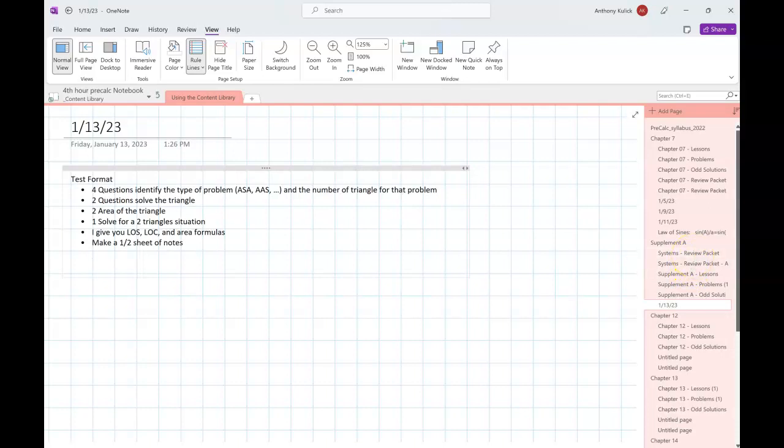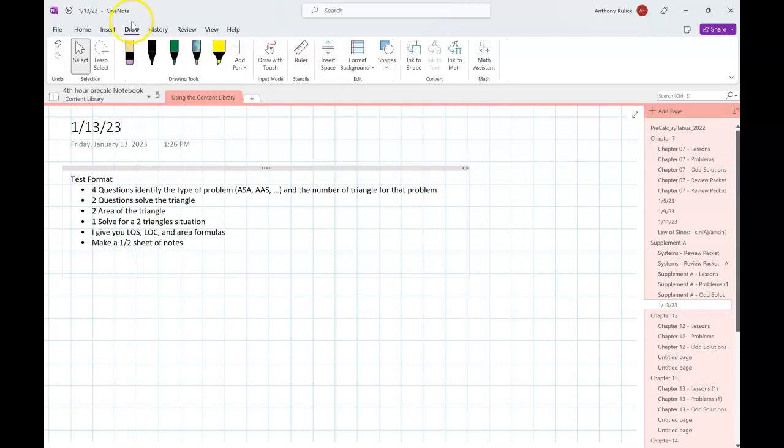Today, we're going to be starting supplement A, so it's like an extra chapter. In this supplement A, we're going to be talking about solving systems of equations.